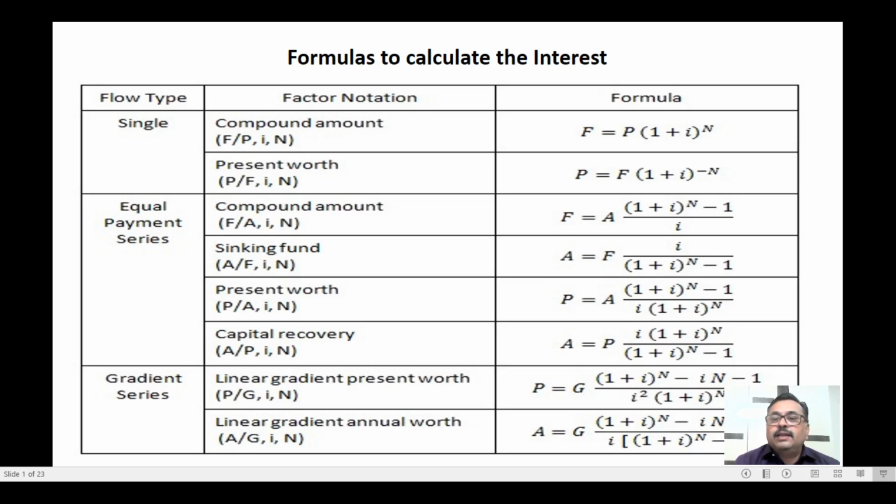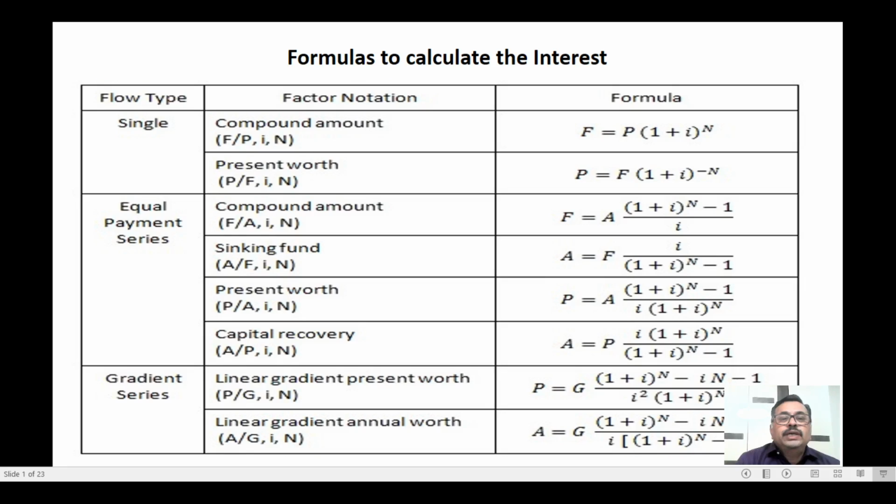The formula used for that is A is equal to the future amount F into I divided by ((1 plus I) to the power of n minus 1). These two are the ones where the future amount and the equivalent payment series are involved.